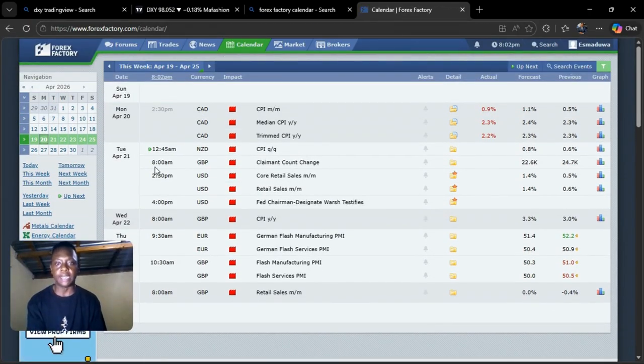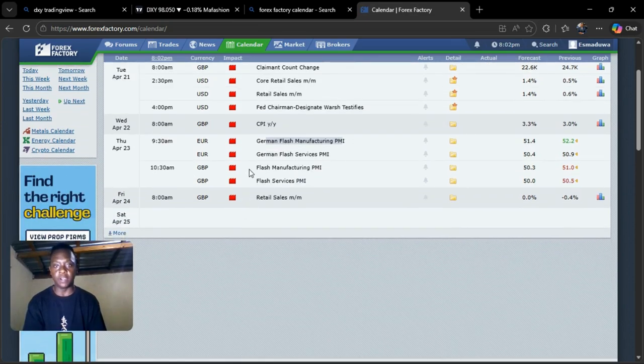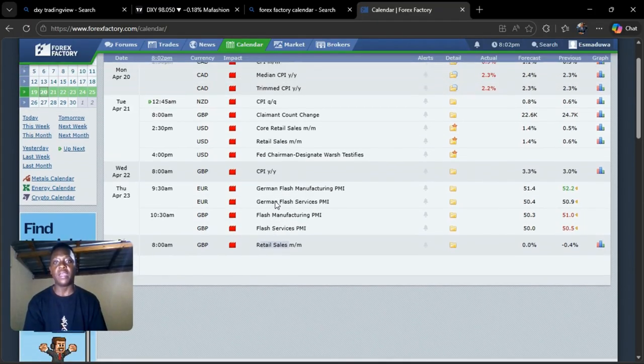So we can clearly see that for this week we have the Canadian dollar CPI, NZD CPI, GBP claimant count change, USD core retail sales, retail sales, Fed chairman designate Wash testifies, GBP CPI, Euro German Flash PMI, Flash manufacturing PMI for GBP, and retail sales for GBP.